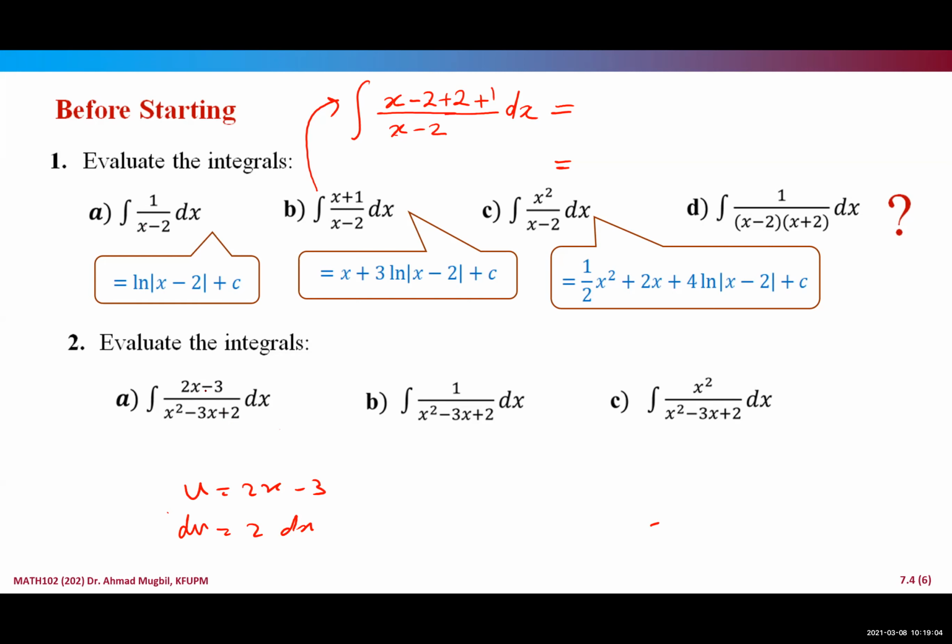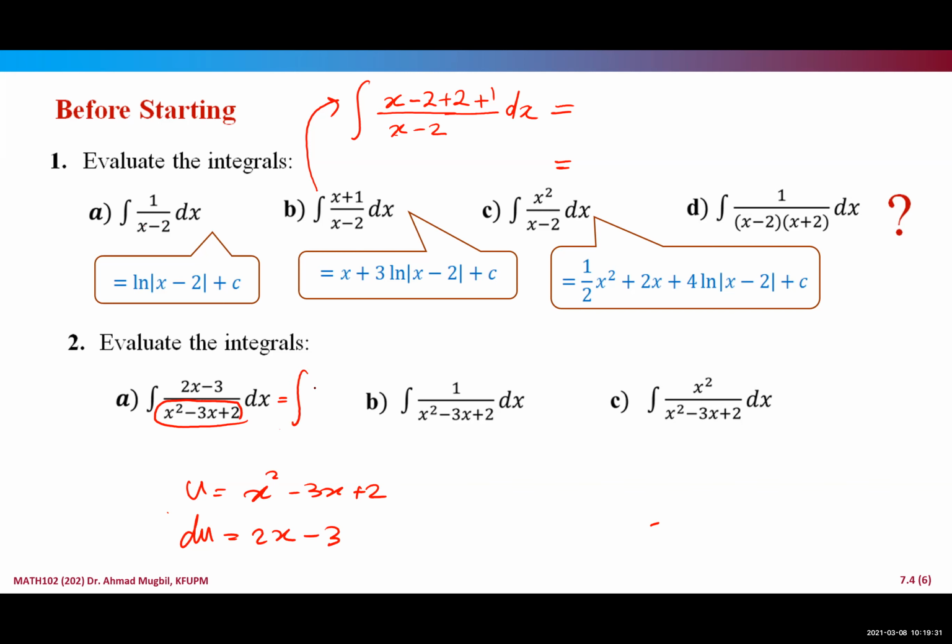When you have a numerator and denominator, think about the denominator first. So it is about putting the denominator equal to u. If you put the denominator equal to this, what is du? It is not x squared, it will be 2x minus 3. So what do we have here?